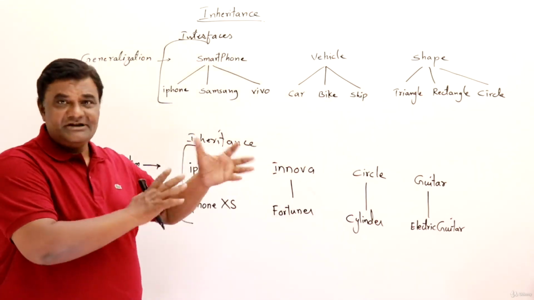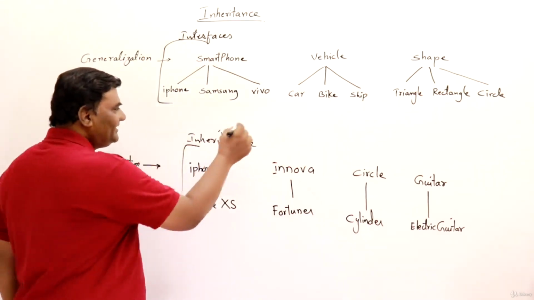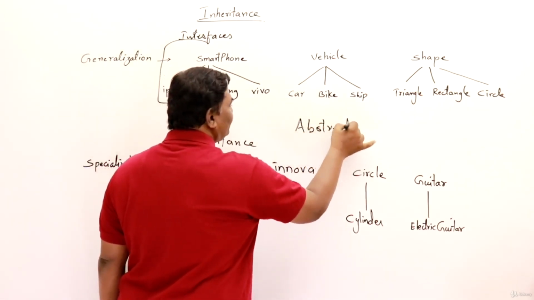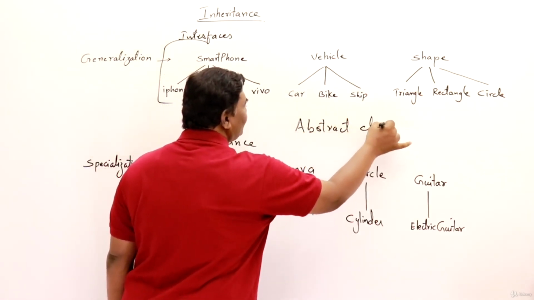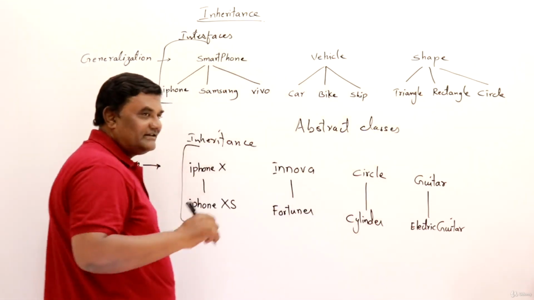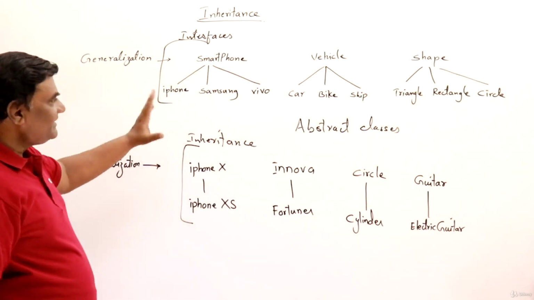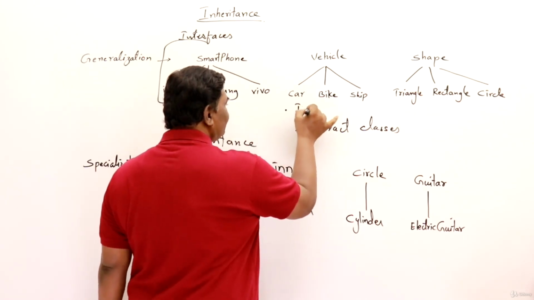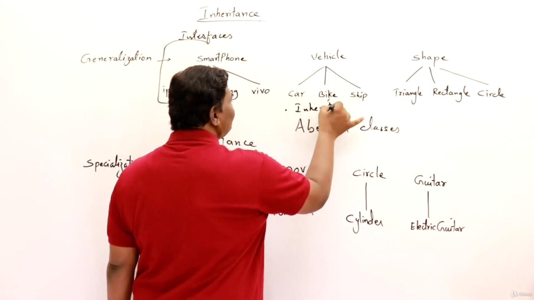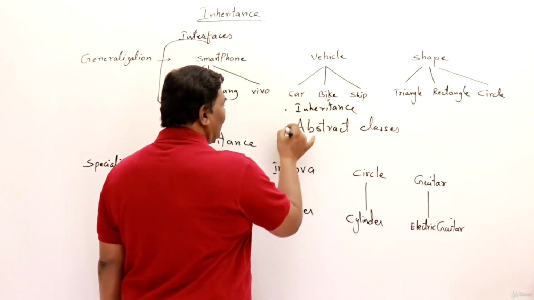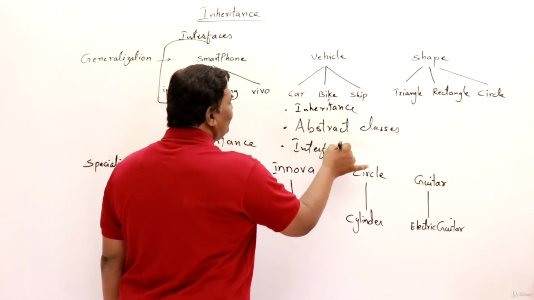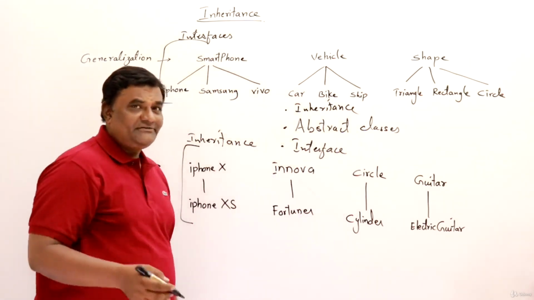And if you want something in between these two, then there is something called abstract classes in Java. So there are three things in Java for achieving these: first is inheritance, the second is abstract class, and the third is interface.